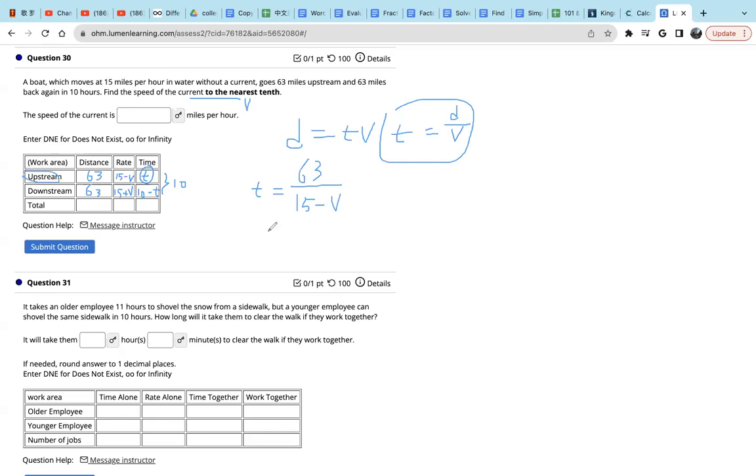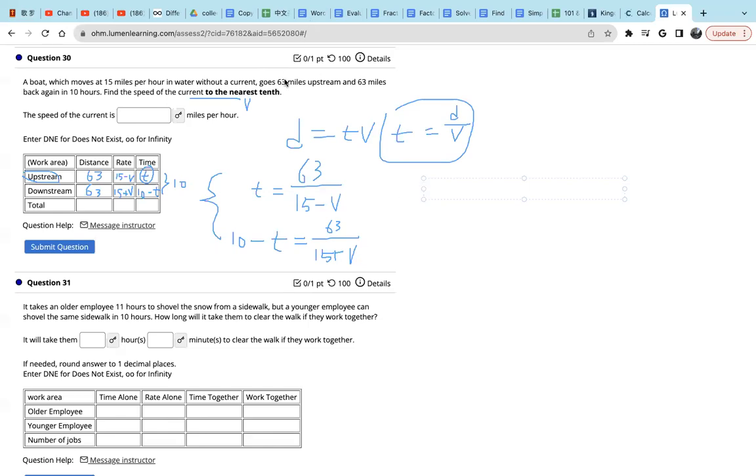From downstream, I have 10 minus T equals 63 divided by 15 plus V. Rational equations, right? So this system of equations, the rest I just need to solve.